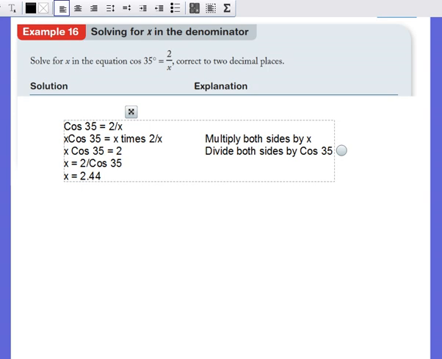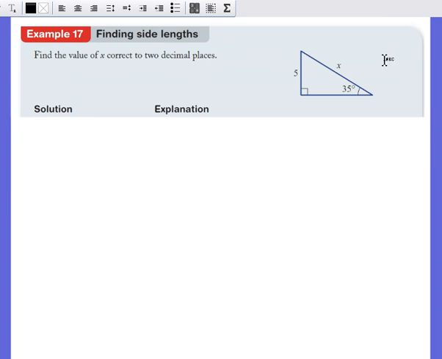Let's see if we've got one more example. Here we go. Find the value of x correct to 2 decimal places. Okay, well, I know this angle here, and I know the side opposite to that, and I want to find the hypotenuse. So opposite over hypotenuse is sine, SOHCAHTOA.